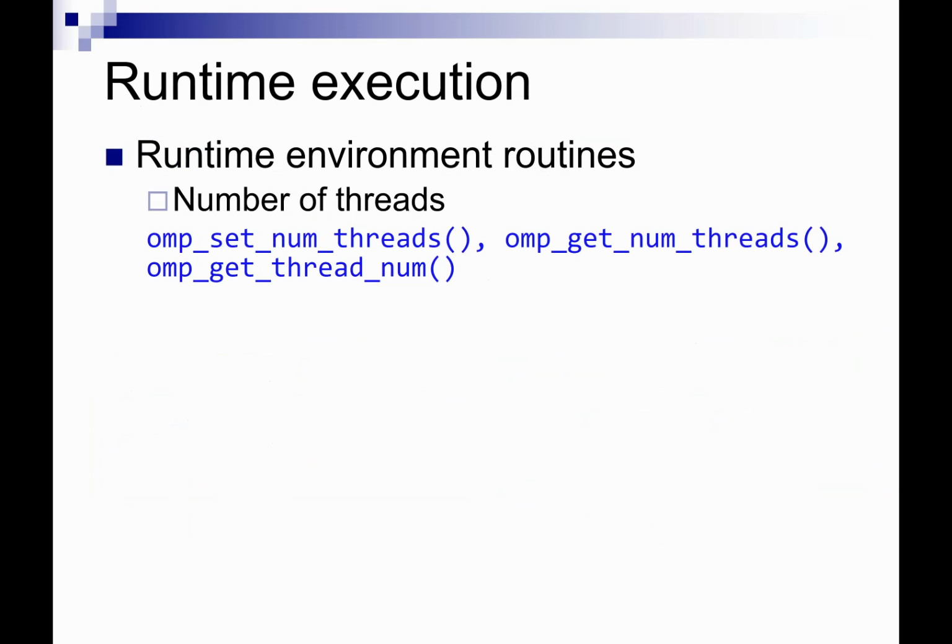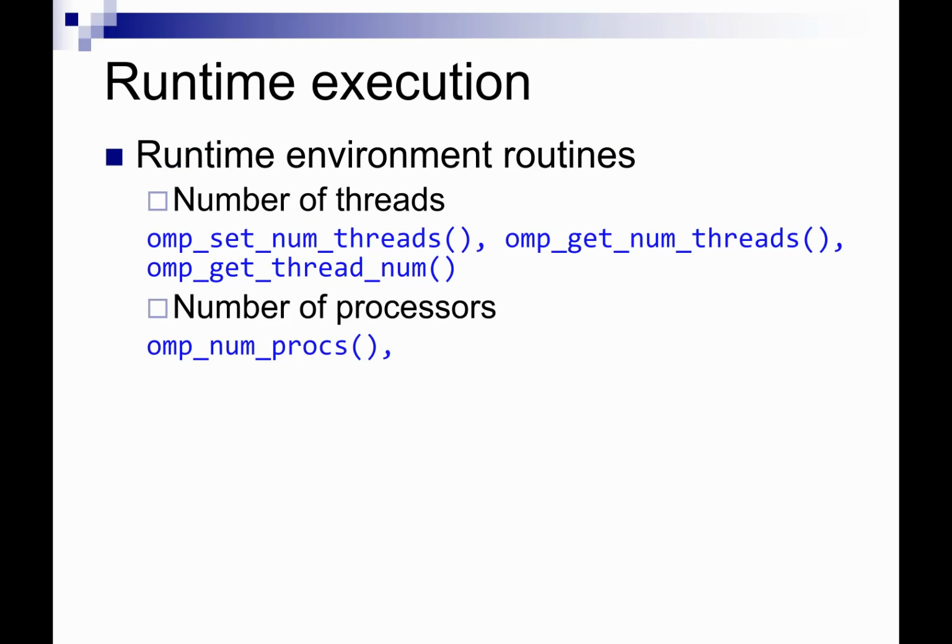All right, next we have a few functions that we can call to find out some conditions about the runtime environment. For example, these functions can tell us the number of threads, or set the number of threads. You can control how many threads you have, and you can also have a thread find out its thread ID.